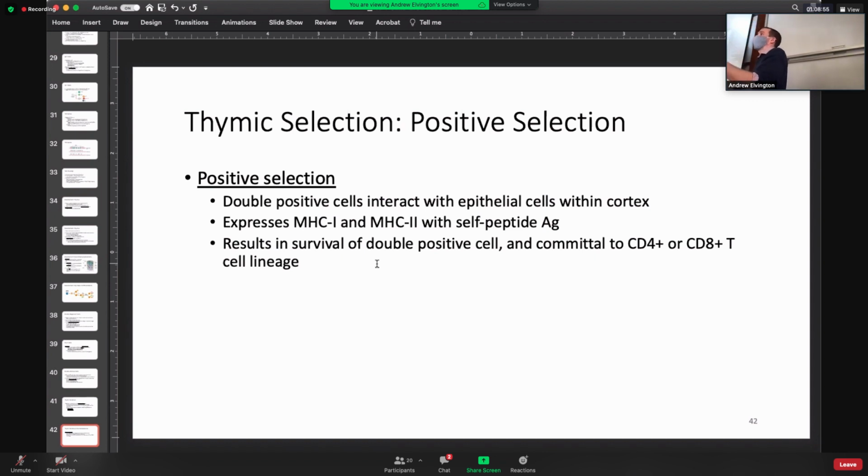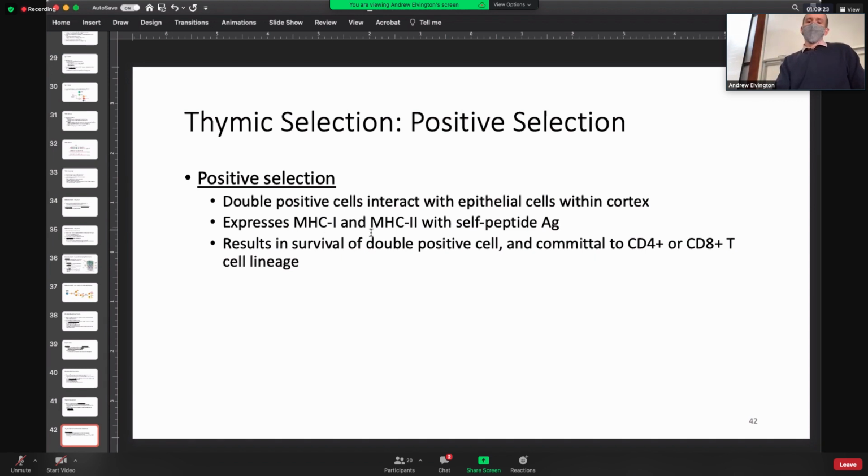What event are we trying to keep? What we're after here is we want these double positive T cells to be able to interact with MHC and antigen. If it's expressing a T cell receptor that can't see antigen or the MHC, do we want to keep it? Because if you put that thing out in the periphery, it's not going to be able to get activated.